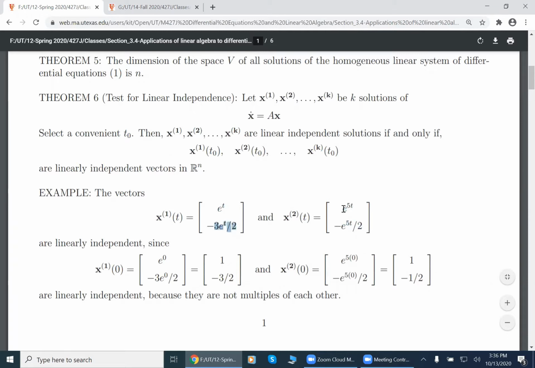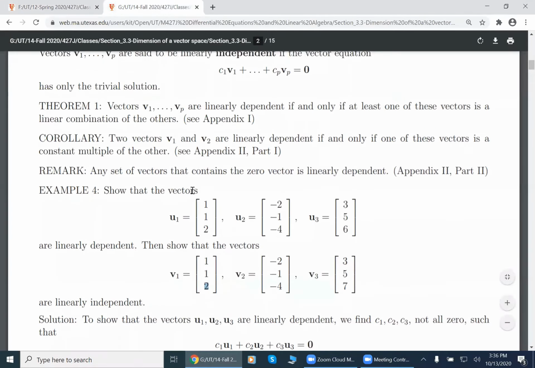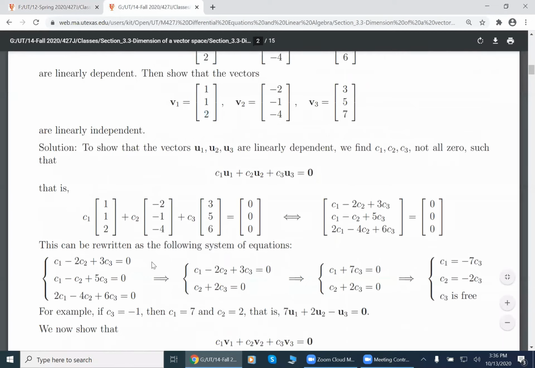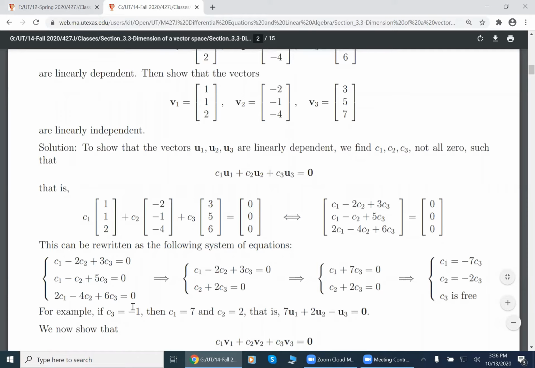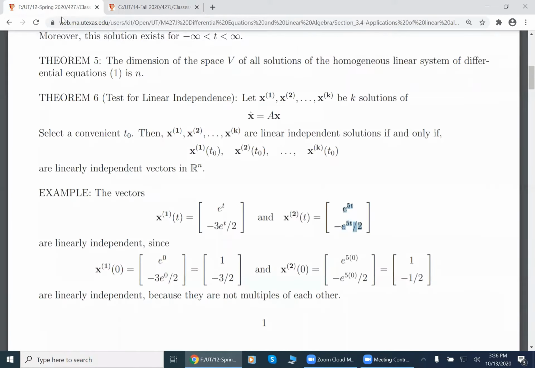Components are functions. How to determine whether or not these matrix columns are independent? Note that if we apply this approach, our system will be pretty heavy. Instead of numbers in front of all these C's, we'll get functions. It's really hard to deal with such a system.